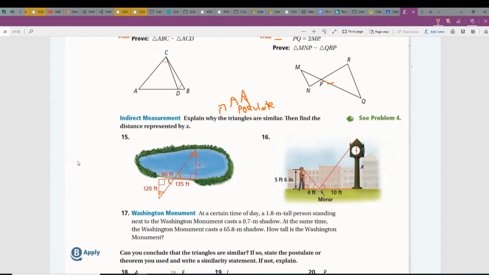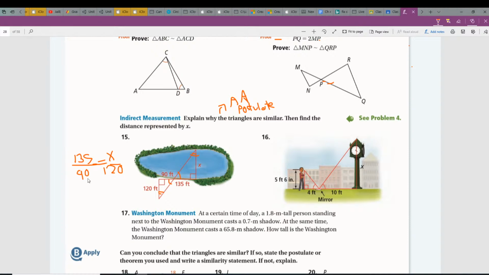So we can write that as 135 divided by 90 is equal to, we can say that they're equal because they're similar, x, because 135 is in the triangle of x, divided by 120.